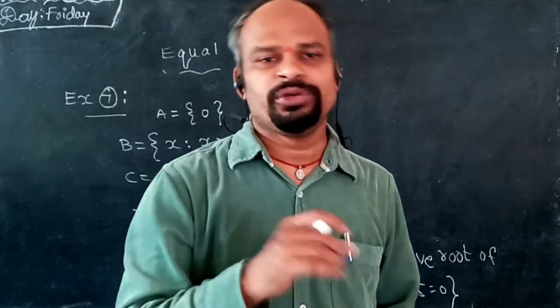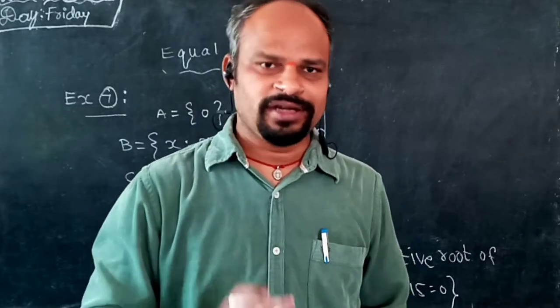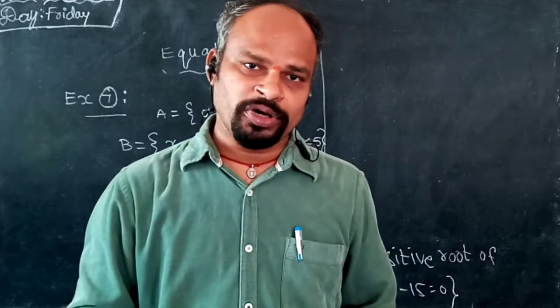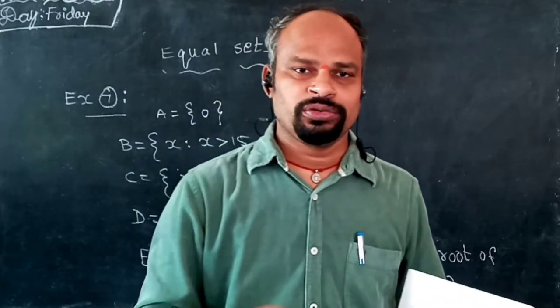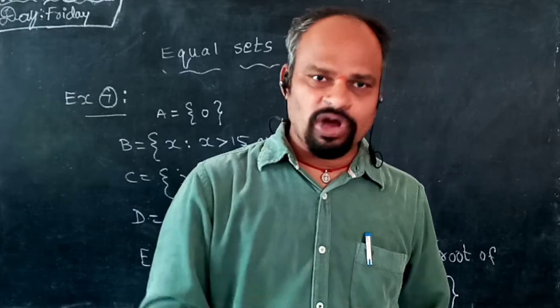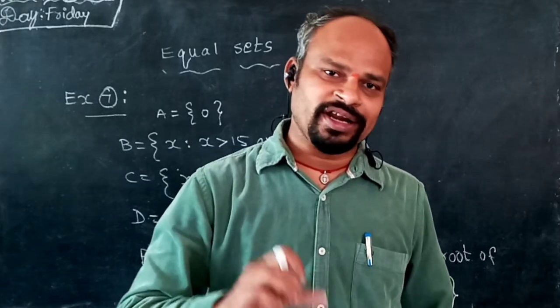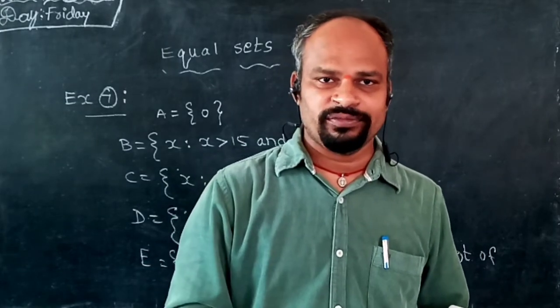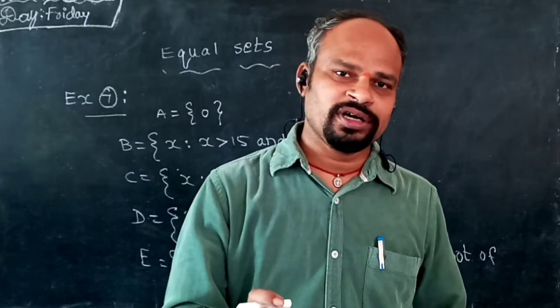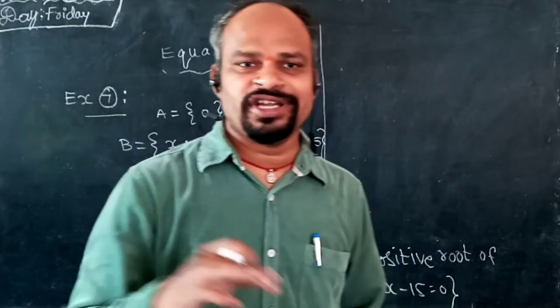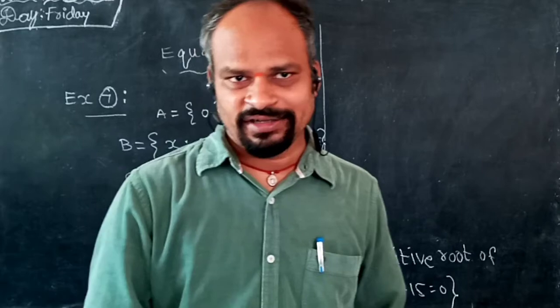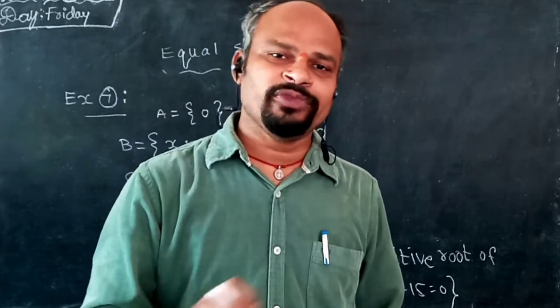That idea you need to catch. Then you will get to know the common property, so based on that common property we can write it in set builder form. Once you know the common property of each and every element present in that set, set builder form is very easy.